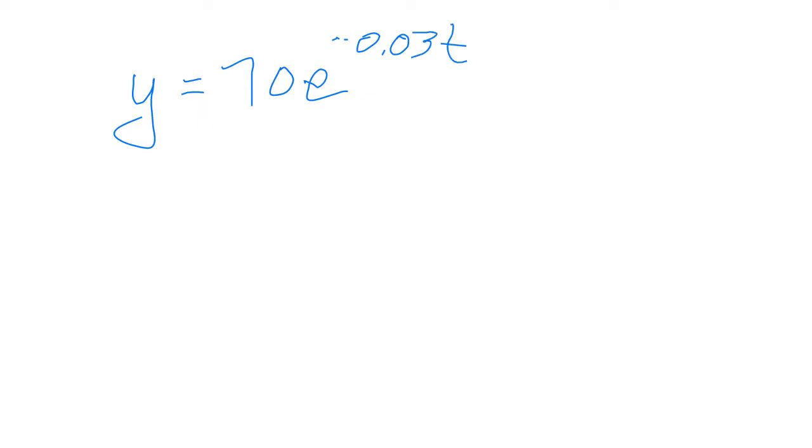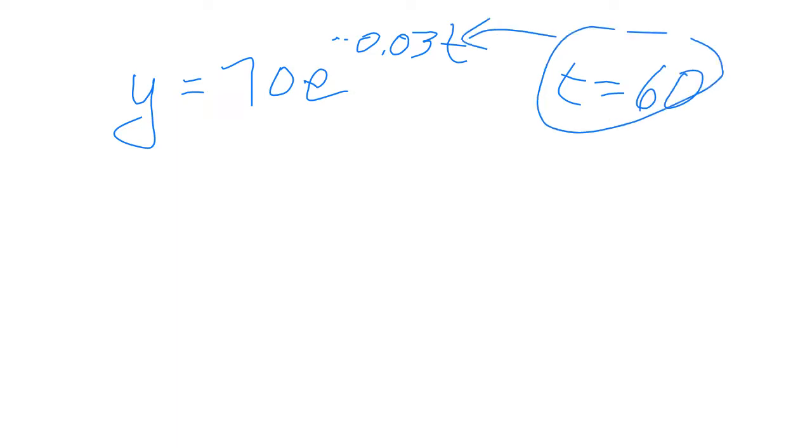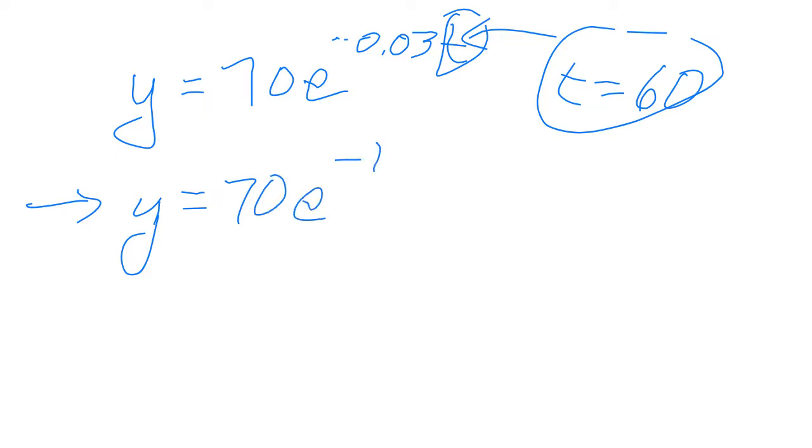And so when t equals 60, we plug that in right here for t. 60 times minus 0.03 is minus 1.8. So that implies y equals 70 e to the minus 1.8 power.